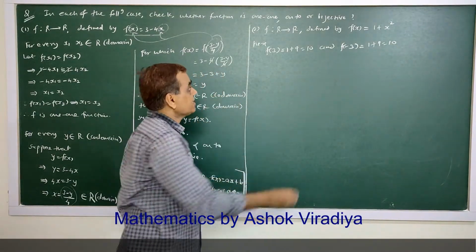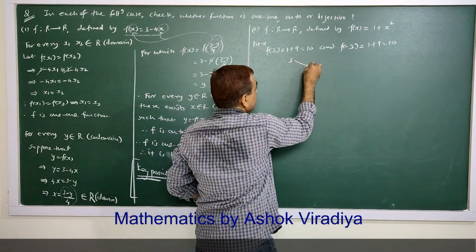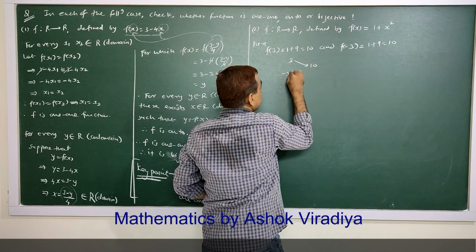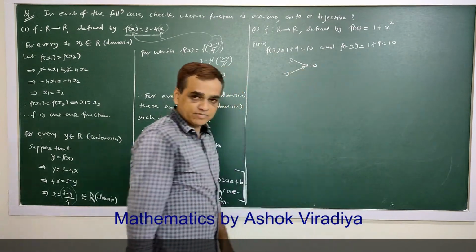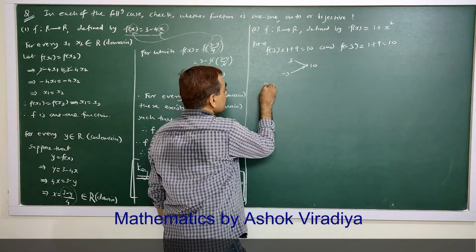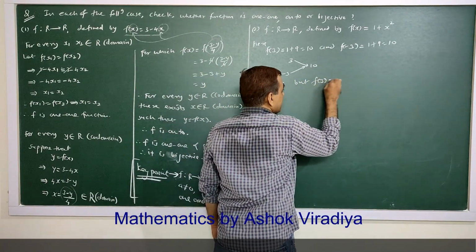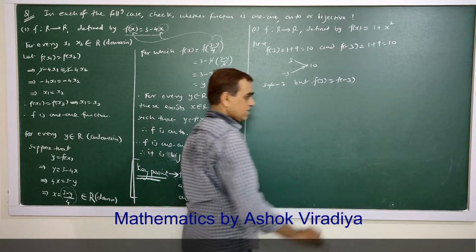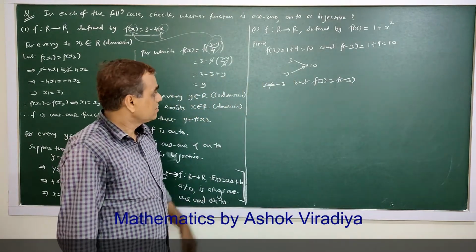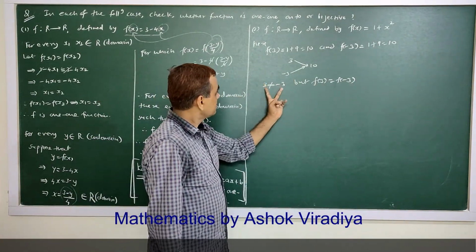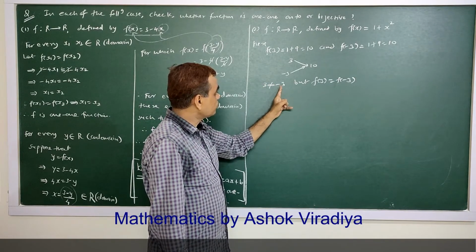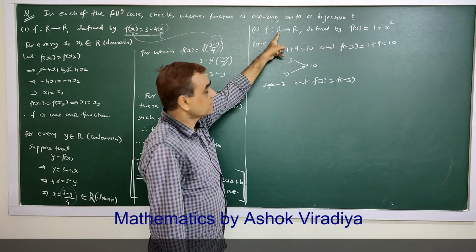So what you can see, the image of 3 is 10, the image of minus 3 is also 10. 3 is not equal to minus 3, but their images are equal. See these numbers, x1 not equal to x2, both taken from R.